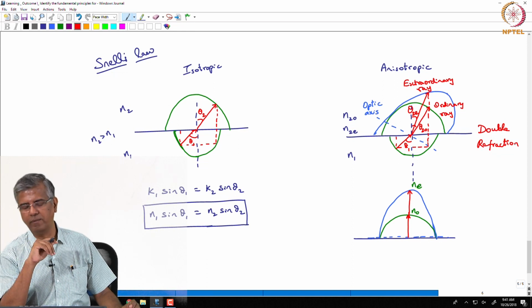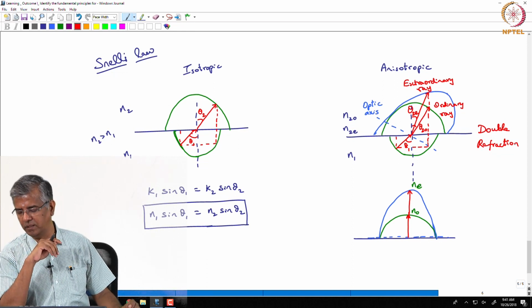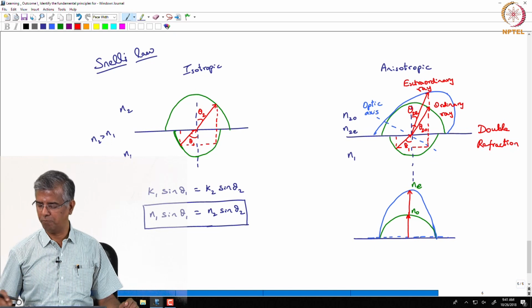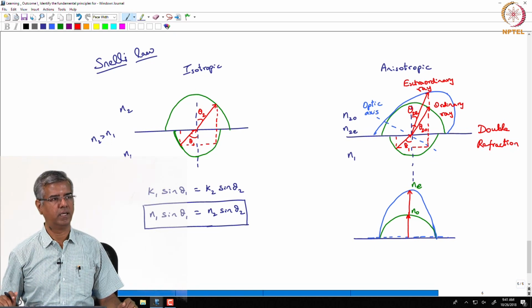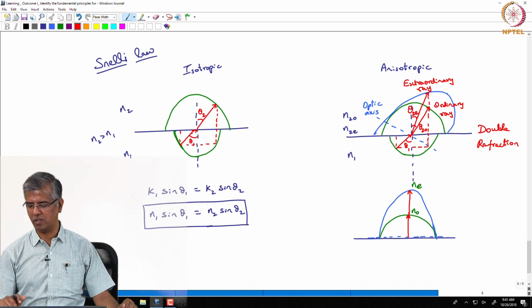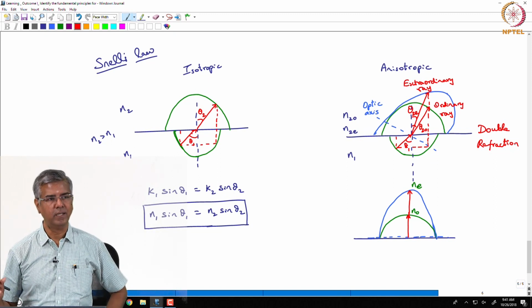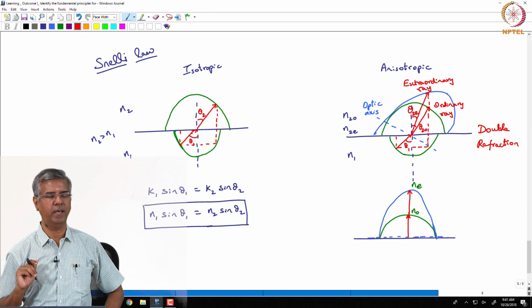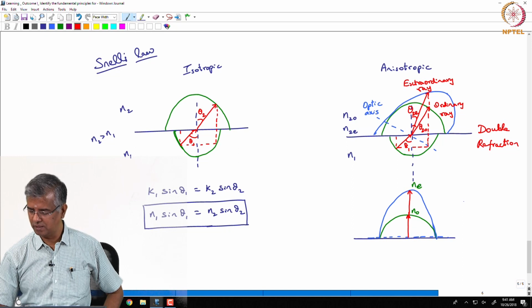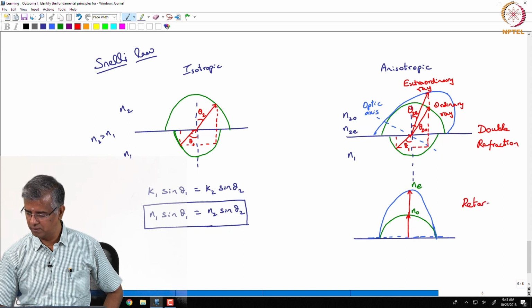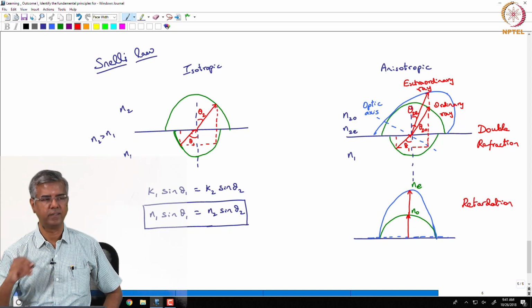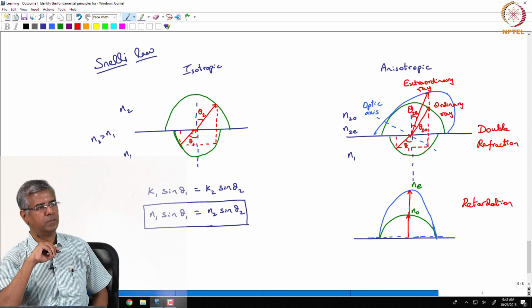So, you have double refraction happening in this sort of case, whereas if you cut it across the optic axis, then you have only one direction of the wave, but in this case you have what is called retardation happening, meaning the phase between the two polarizations.